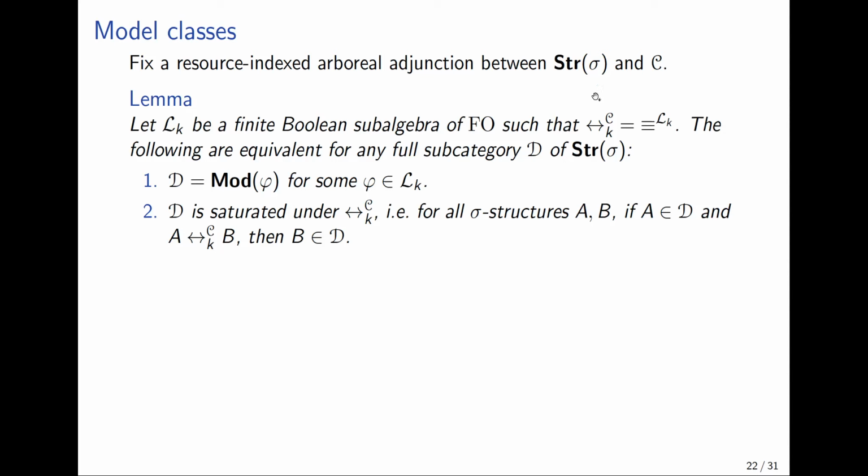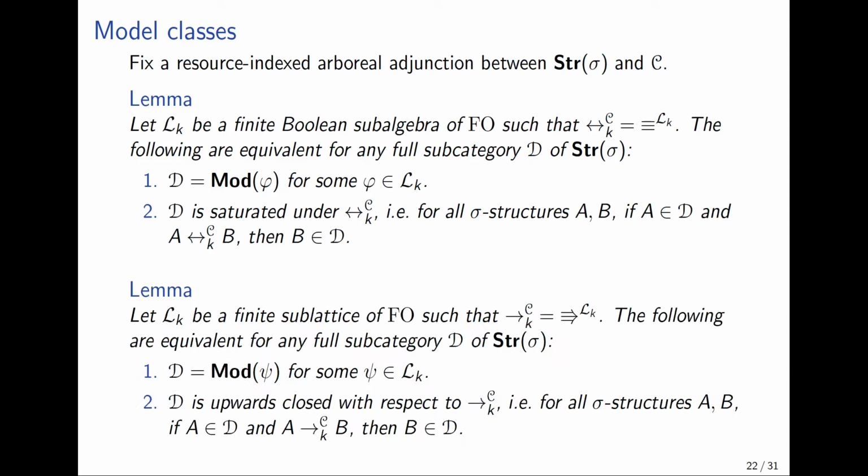Okay, so if you're in this situation and you know that K-bisimilarity coincides with equivalence in some finite logic fragment L_K, then it's very easy to see that a full subcategory D of sigma-structures is the category of models for some sentence phi in L_K if and only if it is saturated under K-bisimilarity. It's essentially a very well-known fact in model theory and finite model theory, just cast in a more categorical way. You can do something similar for sublattices of FO.